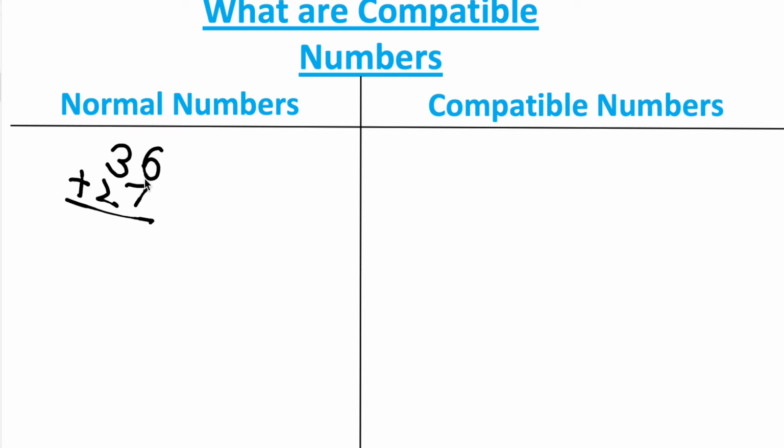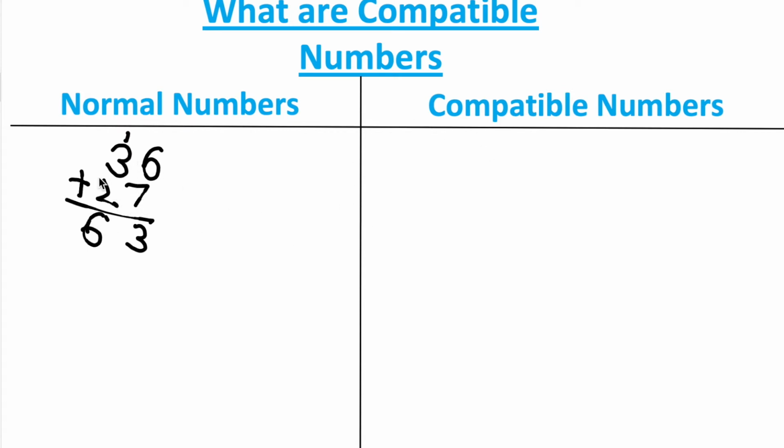So 6 plus 7 is 13. So we put 3 here and 1 on top of the 3. And then 1 plus 3 is 4. And 4 plus 2 is 6. So it's 63. And now we're going to do it in compatible numbers.